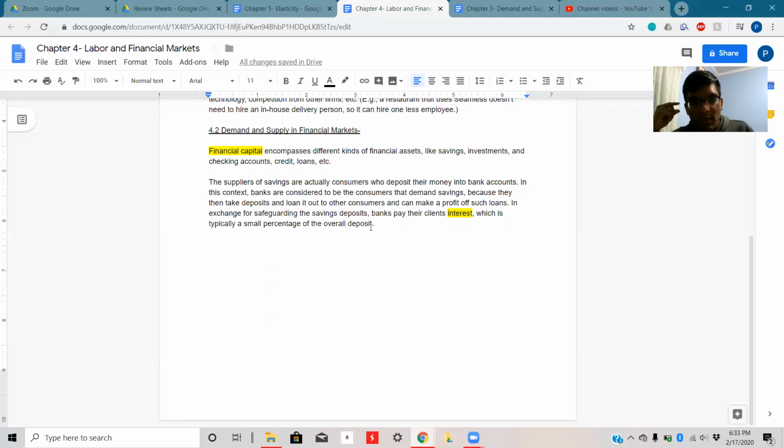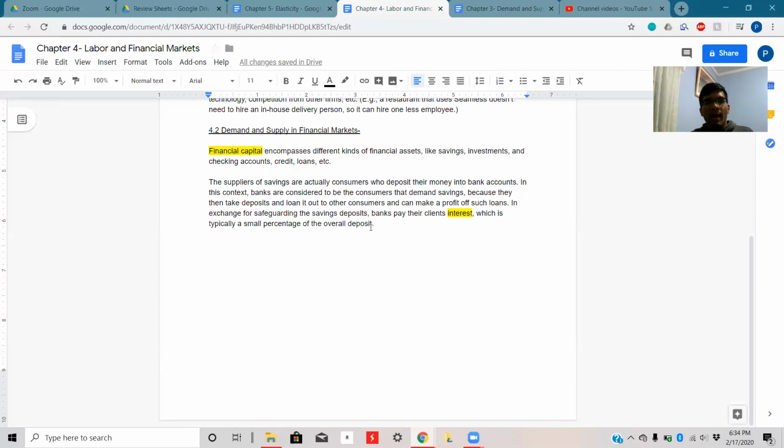Financial capital encompasses different kinds of financial assets like savings, investments, checking accounts, credits, loans. The suppliers of savings are actually consumers who deposit their money. So this is basically just going into the modern banking system. If I am someone who deposits money in a bank account, then I am basically giving supply to a financial institution like a bank or a credit union.